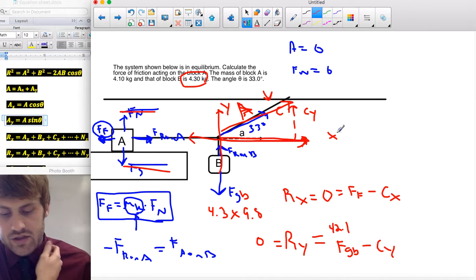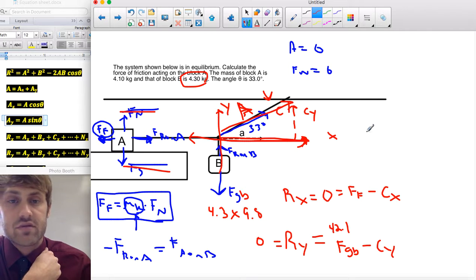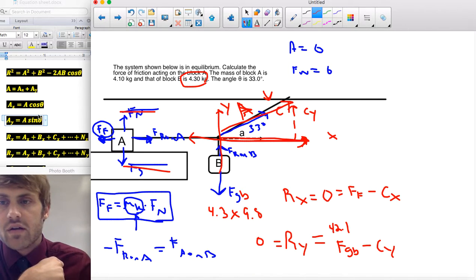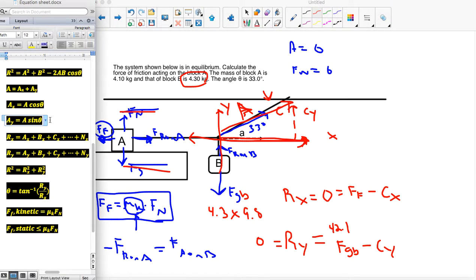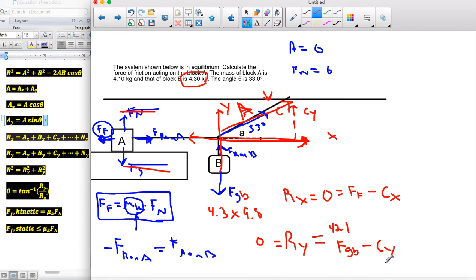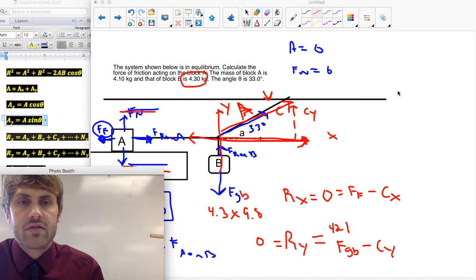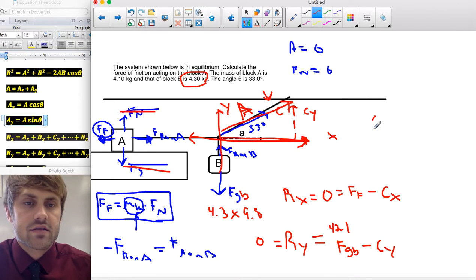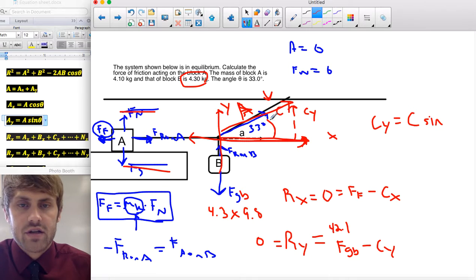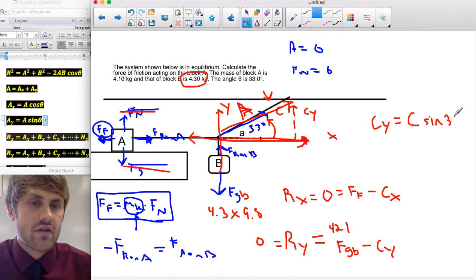Now, this is where we're going to have a little fun and do some trig. This equation that we said we couldn't use for A of y, where A of y is equal to A sine theta, we couldn't use it to break A into the two parts, so we had to find C y a different way. But now that we have C y, we can use that equation, and we can say C y is equal to C sine theta, and our theta is right here, measured from the positive x-axis, of 33.